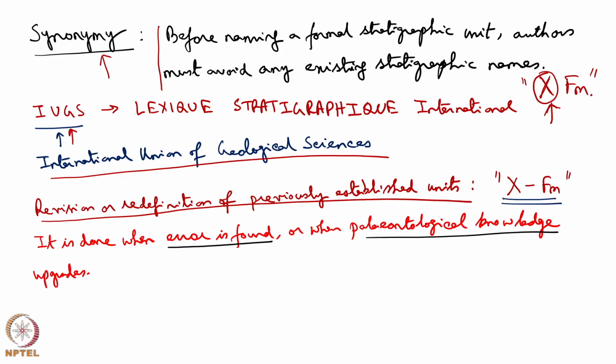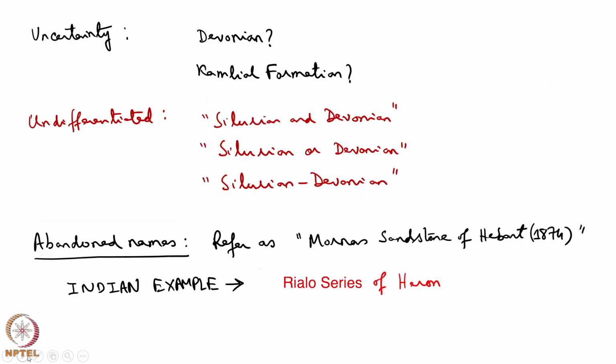In this systematic way, the subject of stratigraphy can further advance. Now, it is done when an error is found and when the paleontological knowledge, our ideas about the fossils, keep on upgrading.